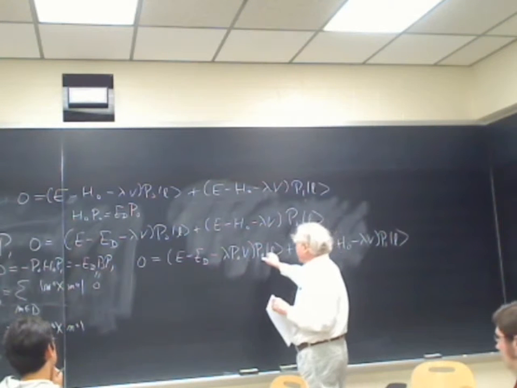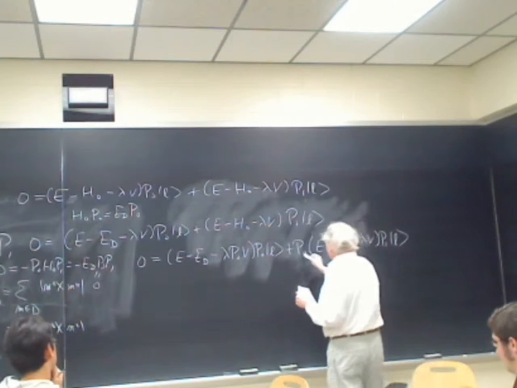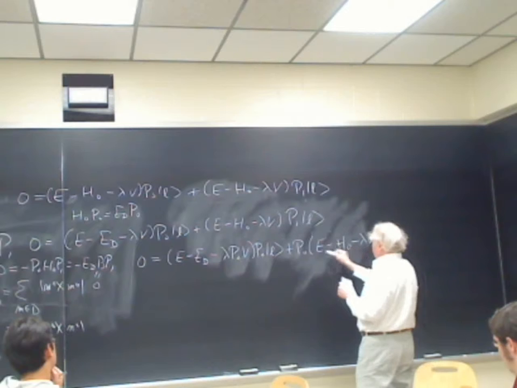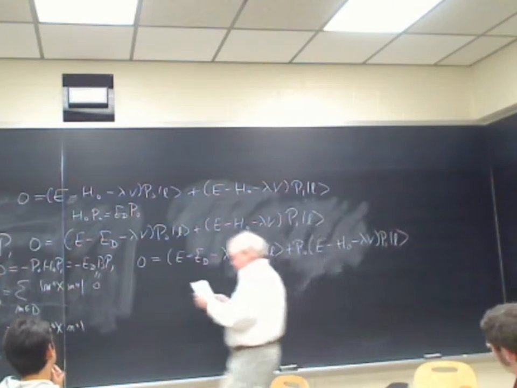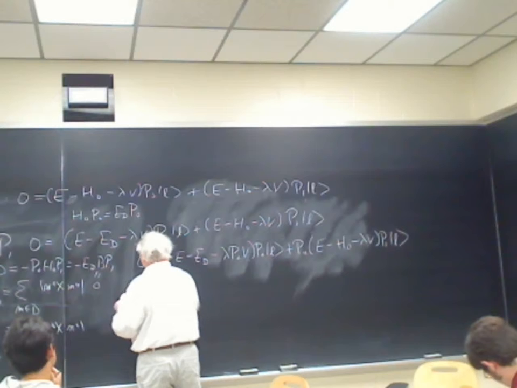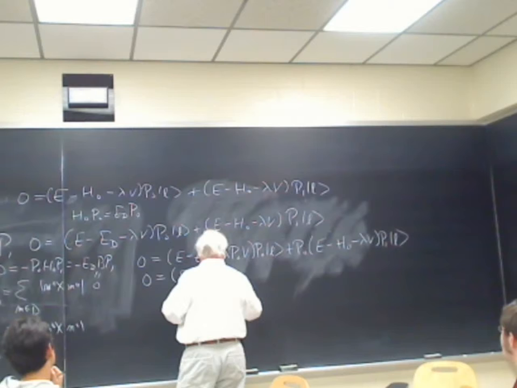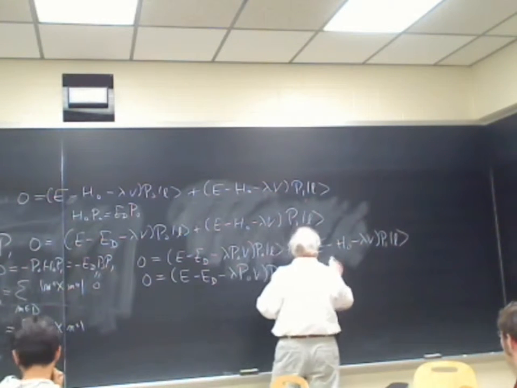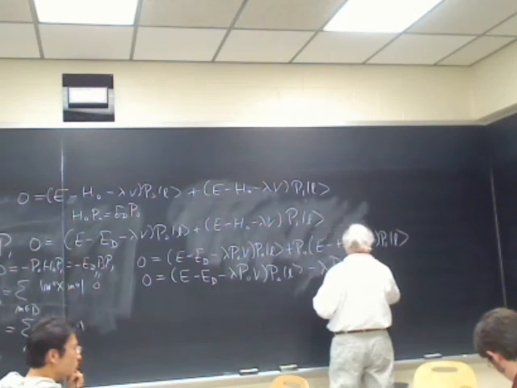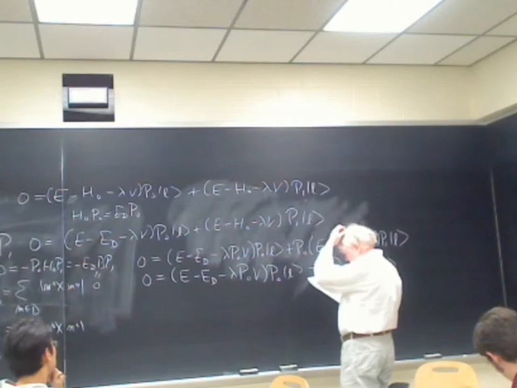So P0 squared is P0. But now this one goes right through here. P0 E P1 is 0. P0 H0 P1 is 0. So this just leaves us with 0 is equal to E minus E_D minus lambda P0 V P0 L minus lambda P0 V P1 L. Okay, so this is a somewhat simpler equation.